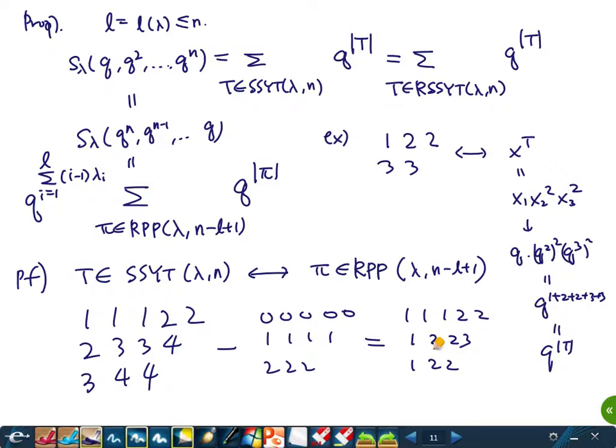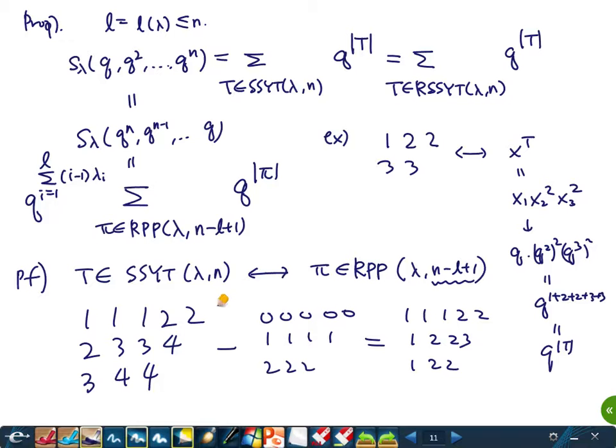Something is off. Yeah, I'm a little concerned about this. The maximum element. If the maximum element is here, it is okay.